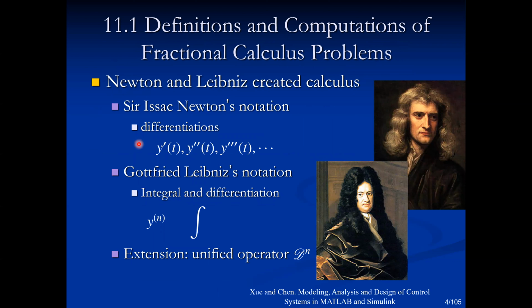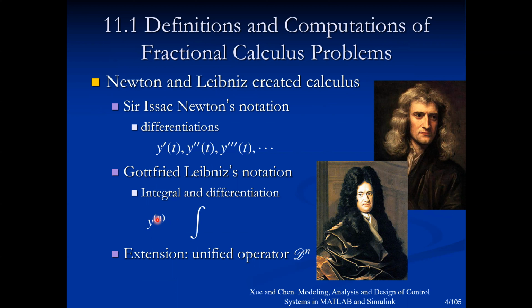Isaac Newton invented this notation for differentiation, using primes or dots. Leibniz invented the bracket notation for differentiation and the integration sign. Because of that n notation, somebody else could ask, what if n is not an integer?